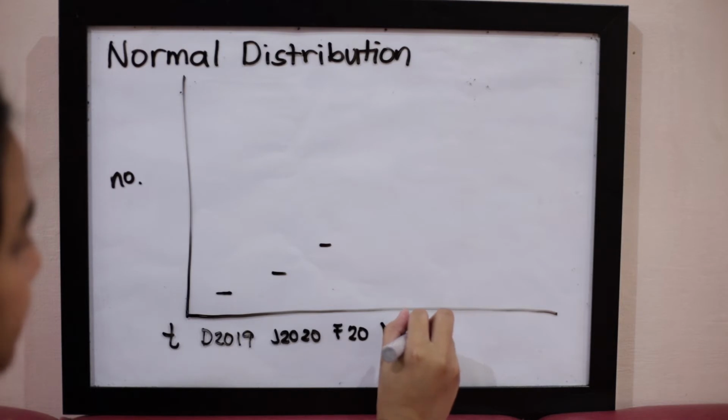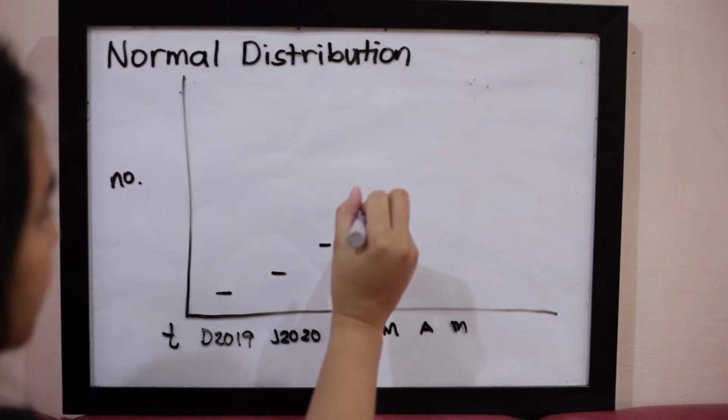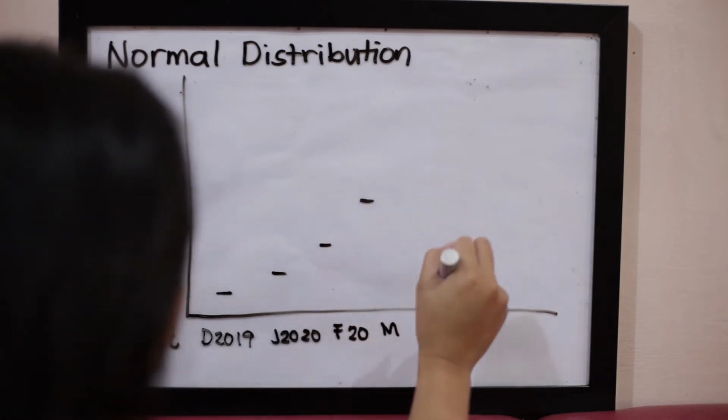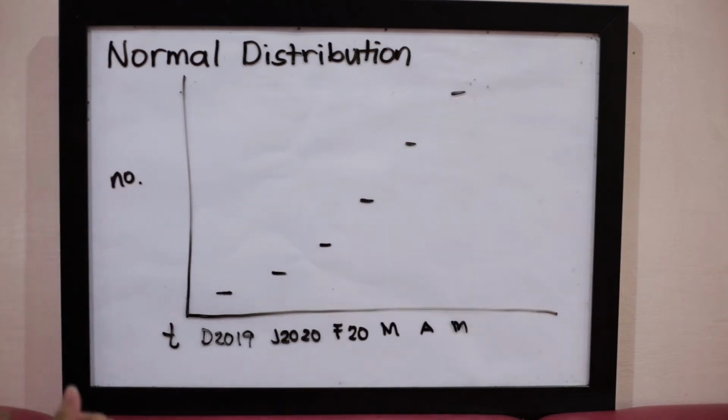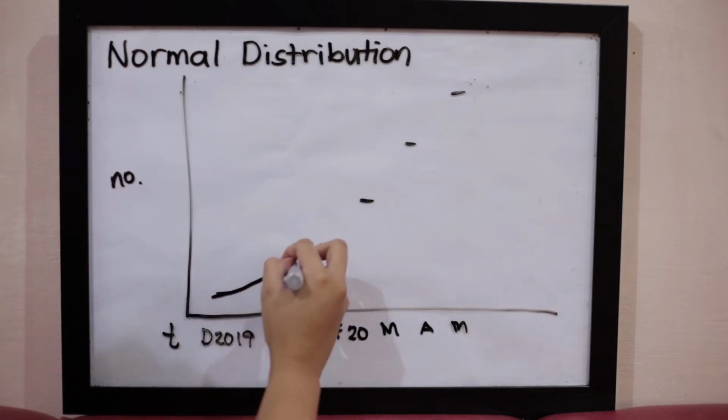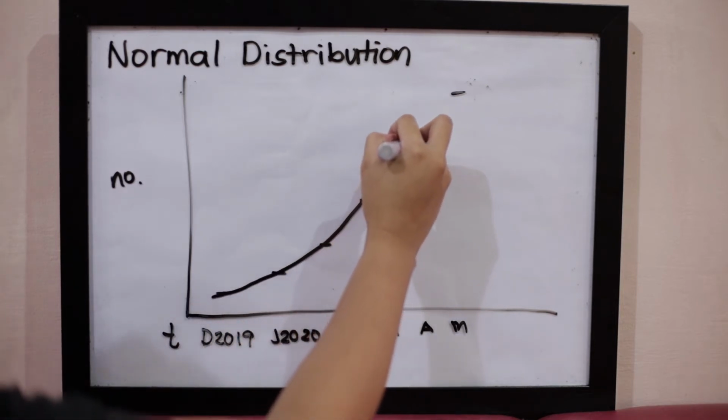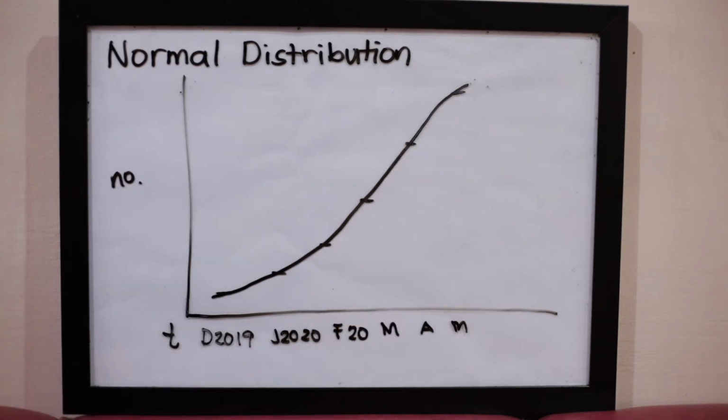March here, then April, and then May. So, as you can see, we have this increasing pattern as we move on to the next few months.